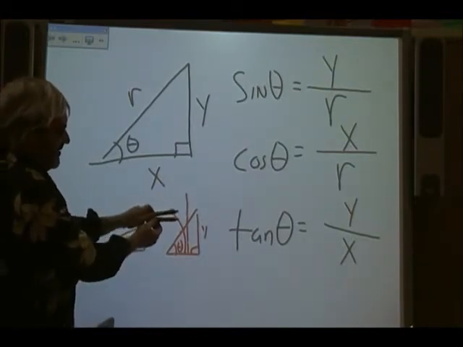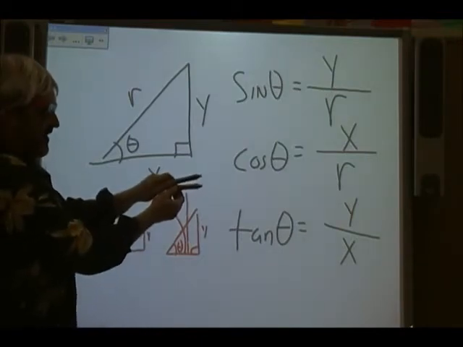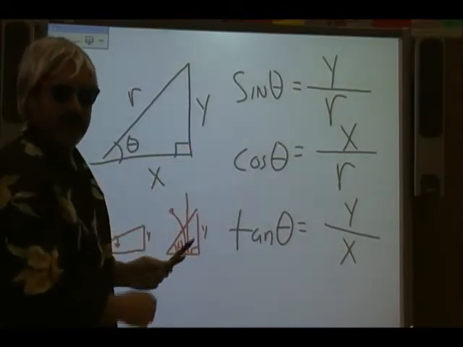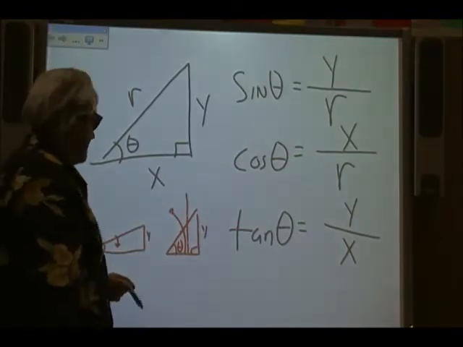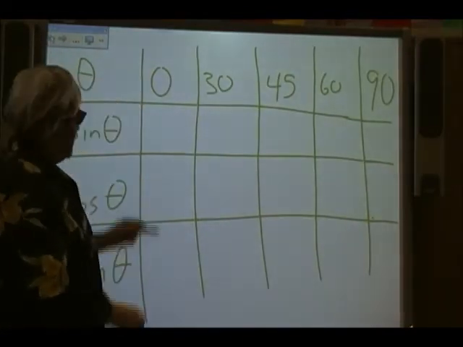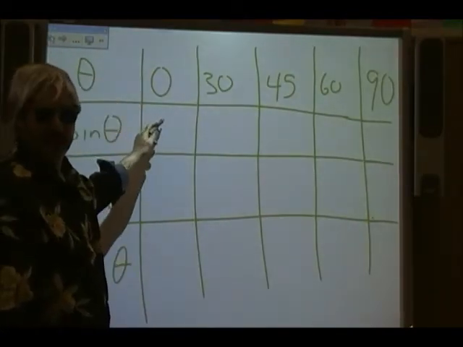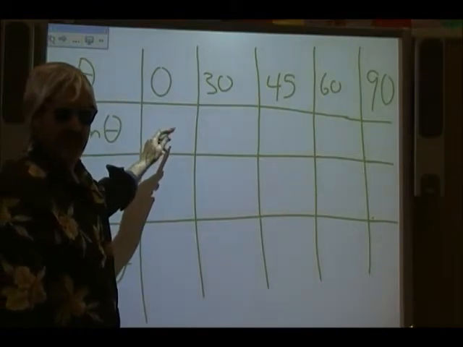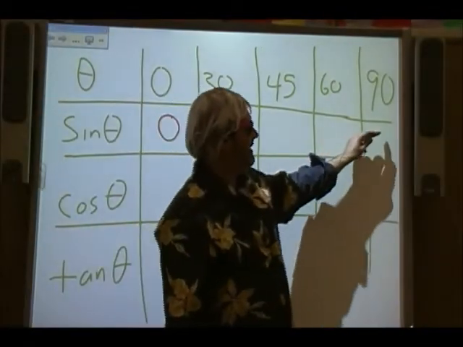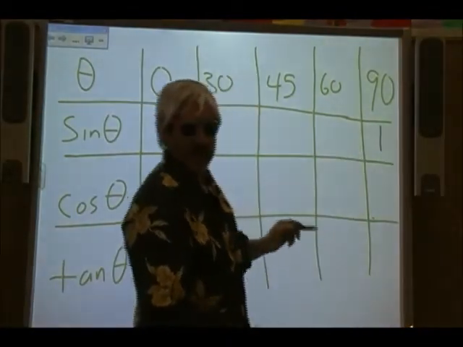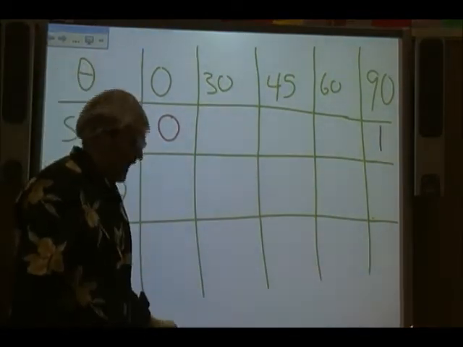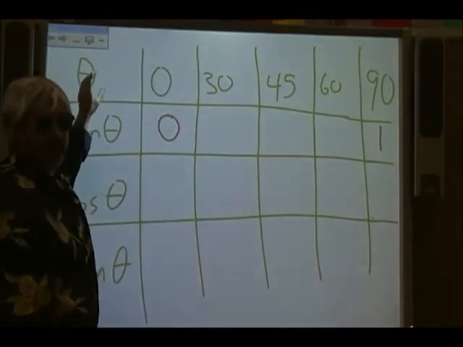Think of it as a shark bite. As the shark is opening his mouth wider and wider, the y gets longer. So sine of 0 is 0 over r, which is just 0. And at 90, it is 1, because the y gets so large that it approaches the radius, or the hypotenuse, I should say. It's the radius on the unit circle.